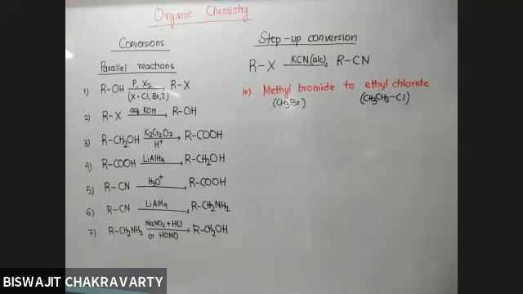After we put KCN, one carbon atom will be increased, and from that you need to convert that into CH3CH2Cl. So accordingly, think what can be done with the help of the reactions.